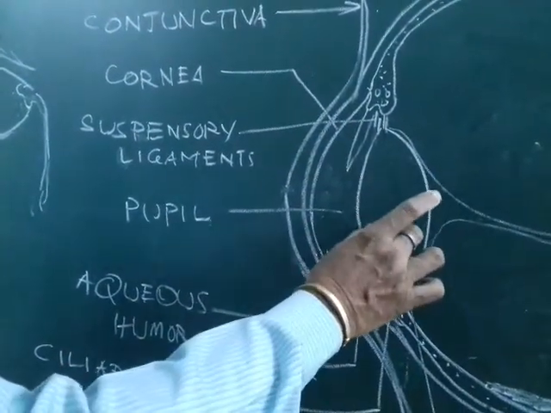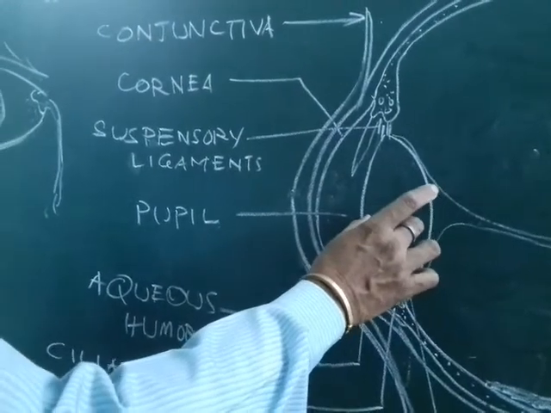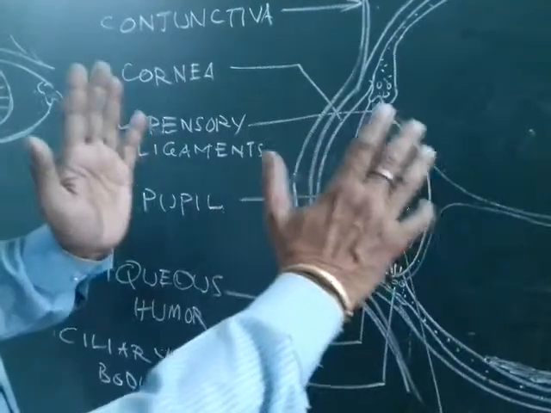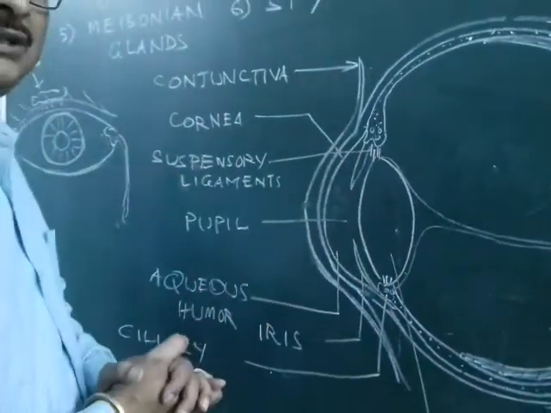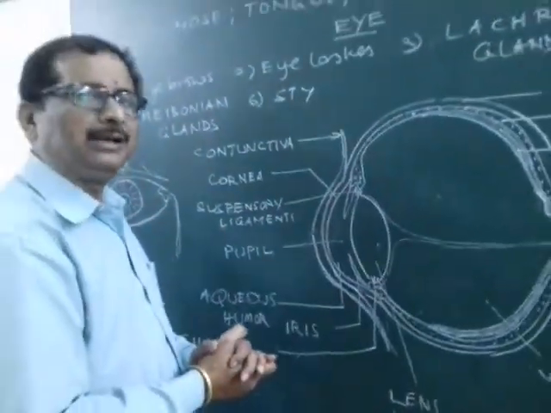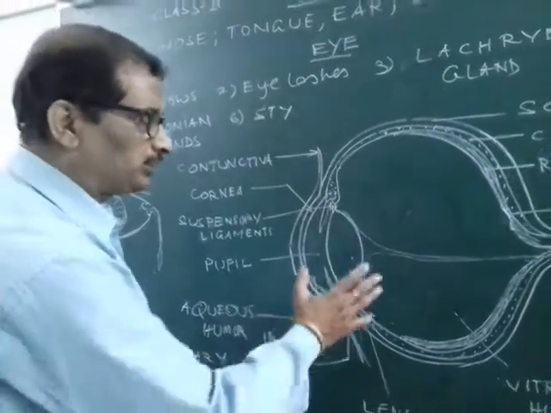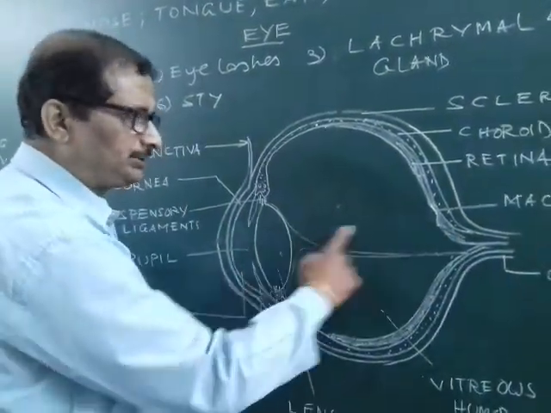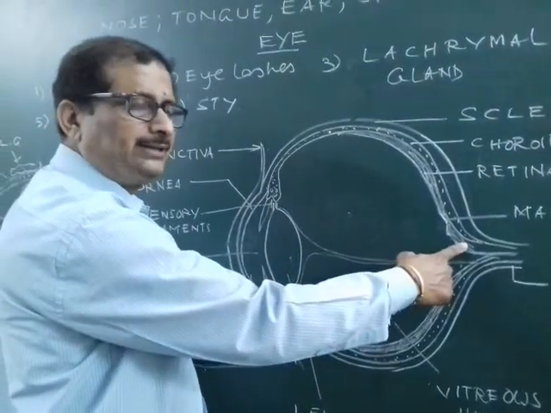If proper thickening and thinning of the lens does not take place, then what happens? The focus changes, and that leads to certain types of disorders, as I told you, like myopia and hyperopia. Because here, we cannot change the image distance. From the lens to the retina is the image distance.